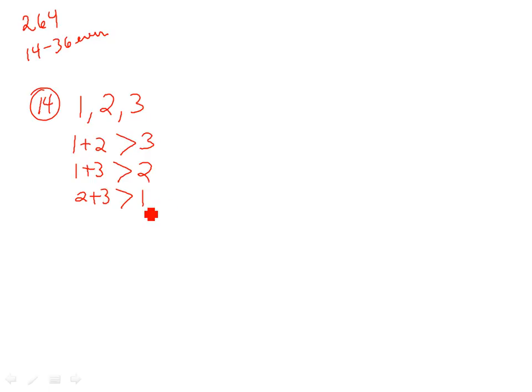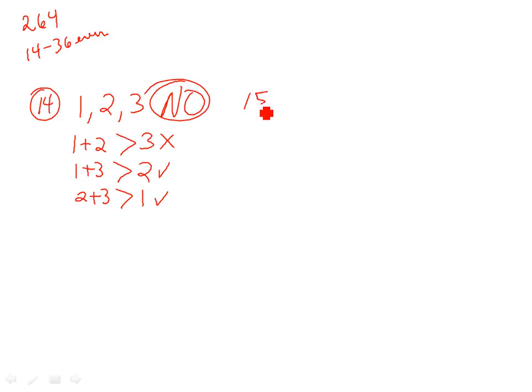Yeah, so that works. 1 plus 3, is that greater than 2? 1 plus 2, is that greater than 3? No. So can these be the sides of a triangle? What that's telling you is there is no triangle in the world that has sides 1, 2, and 3. Like that one there. Will that work? No, because what's 7 plus 12? 19, and that's less than 21.